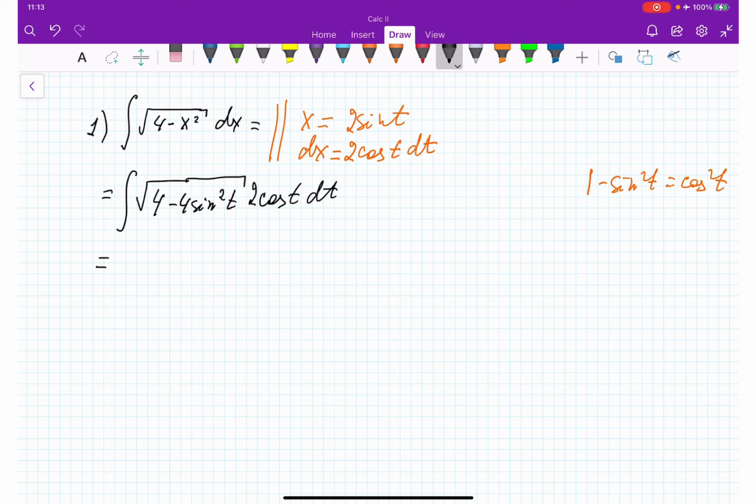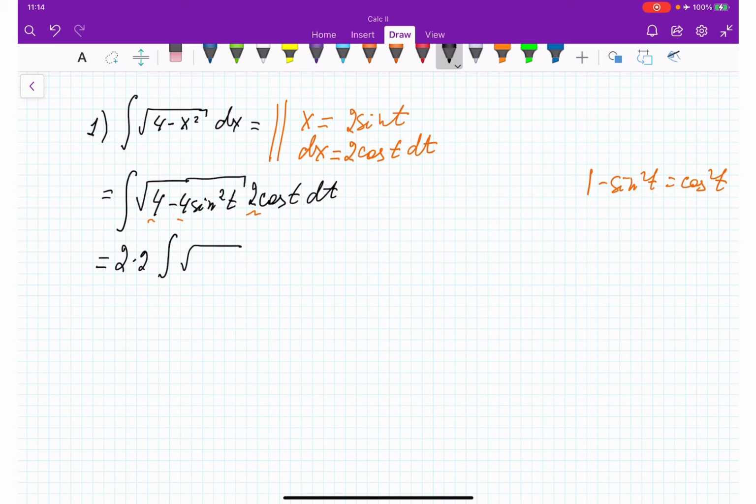The 4 I can take out, it will be out of the square root as 2, and this 2 I take out, right? And these 2 also I can take out, right? One will come out from this 4, which will be 2, and the other will come out from cosine t times 2.